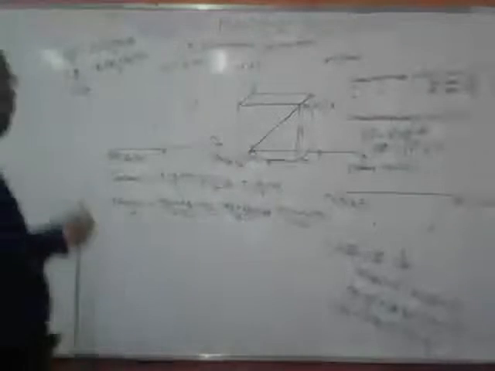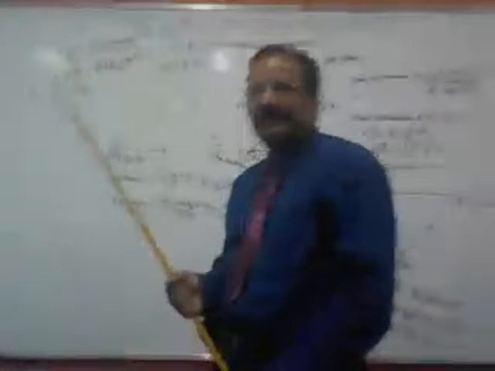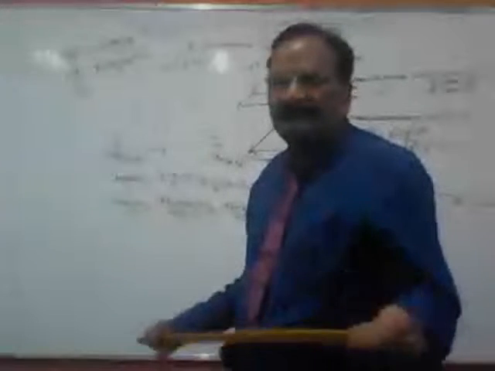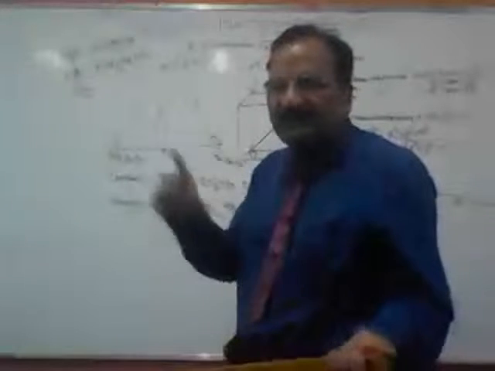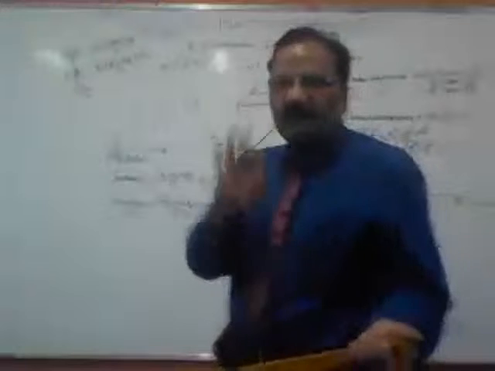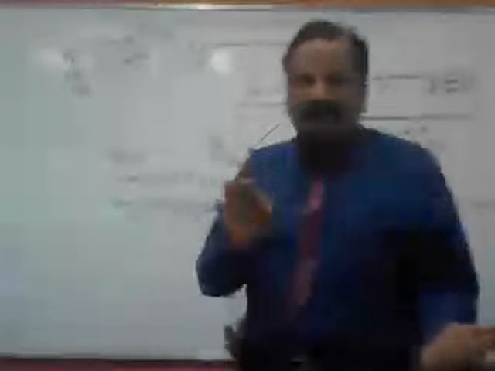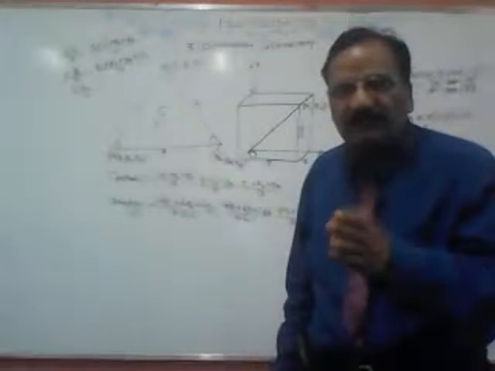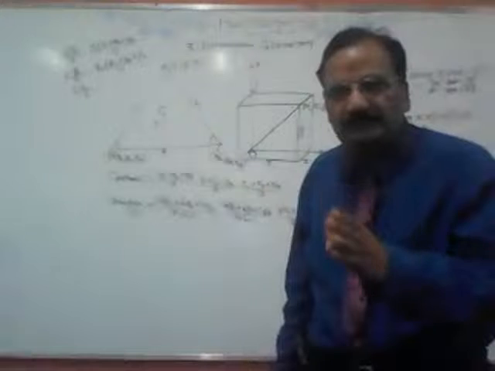Afterwards, you became familiar with the tetrahedron, the centroid of the tetrahedron. A tetrahedron means four vertices A, B, C, D. The coordinates of A are x1, y1, z1, of B are x2, y2, z2, of C are x3, y3, z3, and of D are x4, y4, z4.